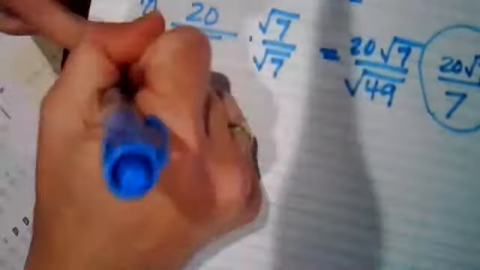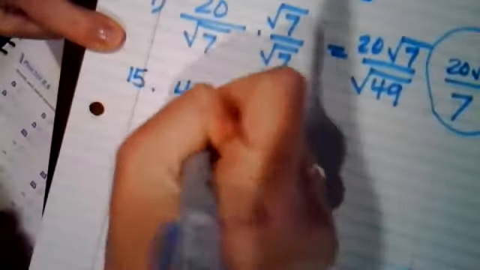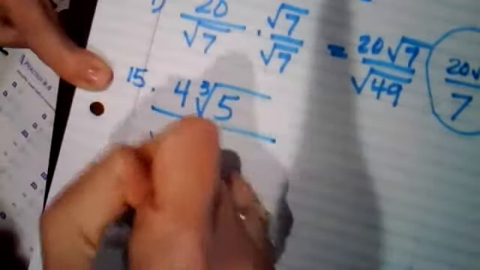I'm going to go ahead and do one of the problems from your homework. So we'll do 15. We have 4 times the cube root of 5 all over the cube root of 16.